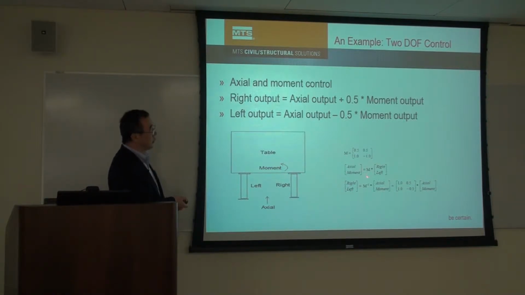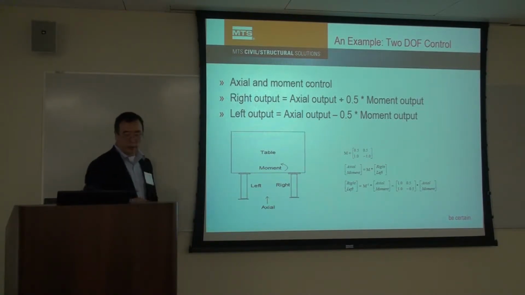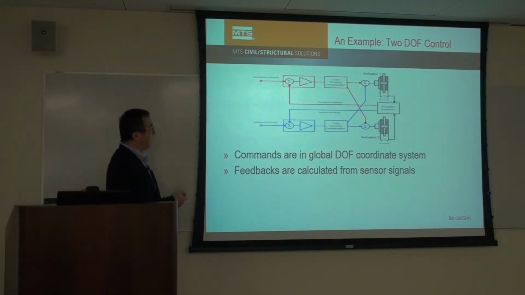If you want to consider nonlinear and large deformation, the relationship is not linear anymore, so you need to use our sophisticated degree of freedom control software. That's another topic, so let's continue. Now I want to control the overall translation and rotation angle with two actuators.